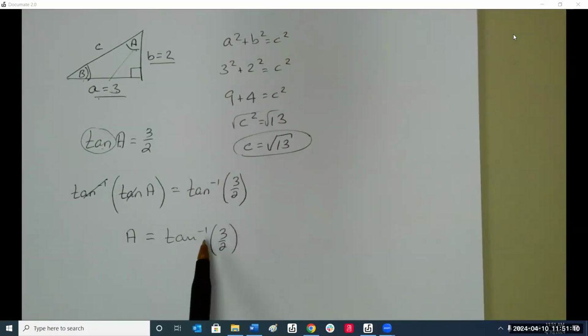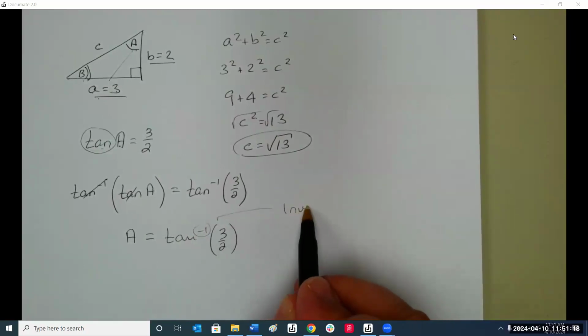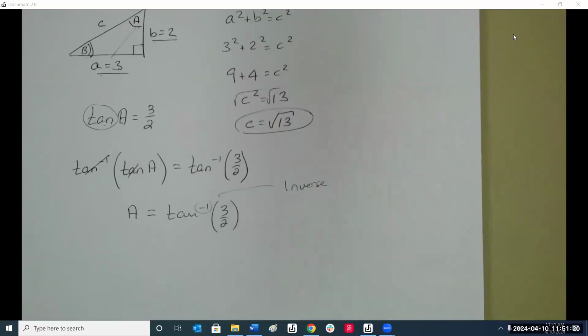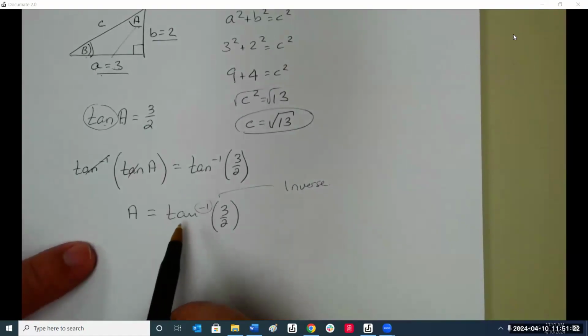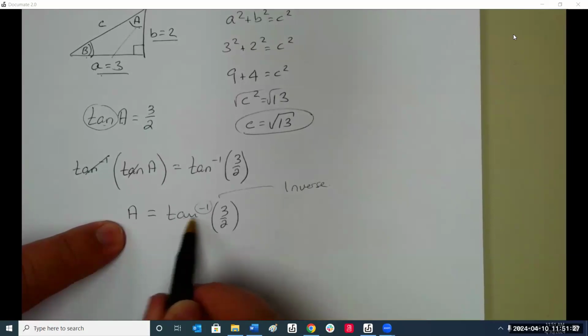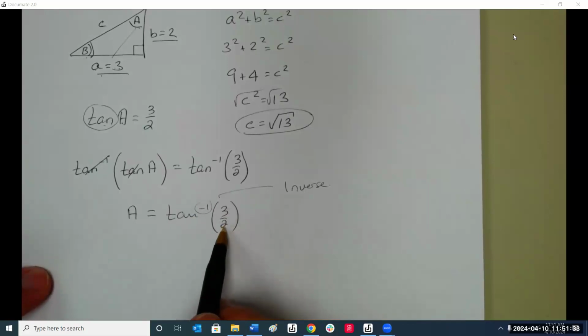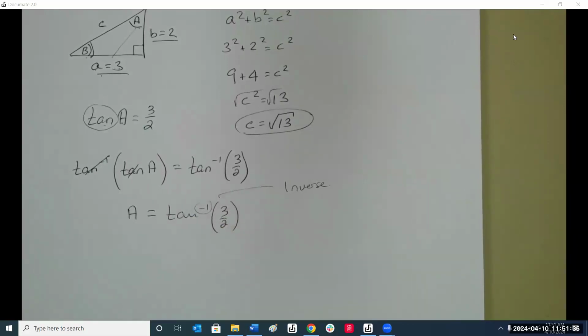When you deal with inverse functions, that's what this -1 means, inverse. What this is asking us is what angle equals tangent of the sides? What angle makes the opposite over adjacent that value?